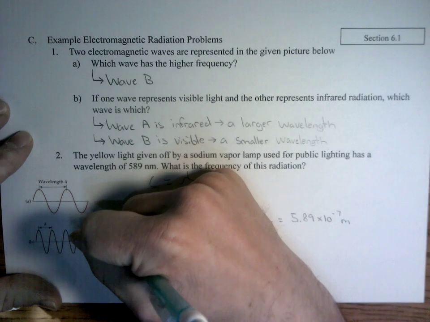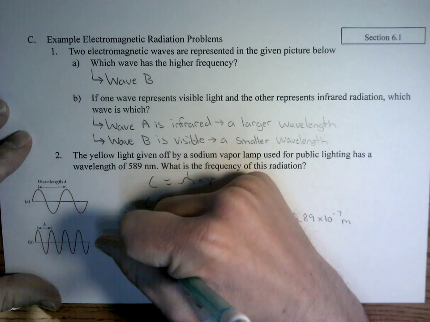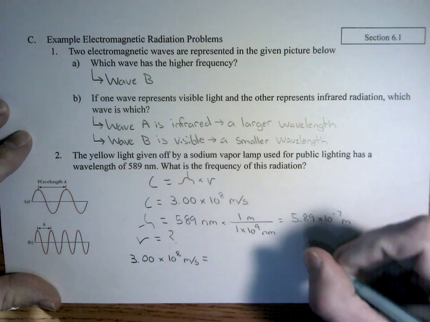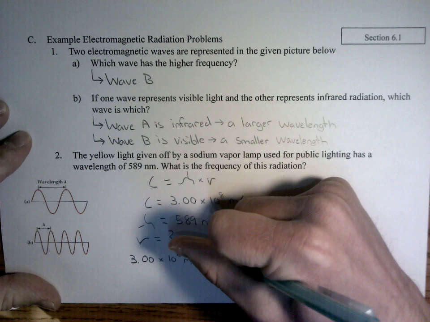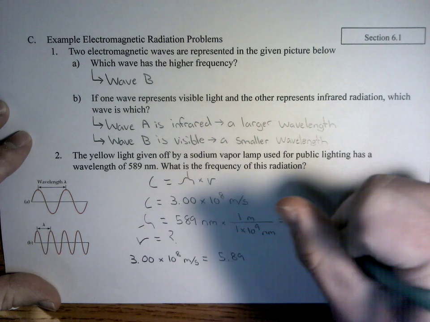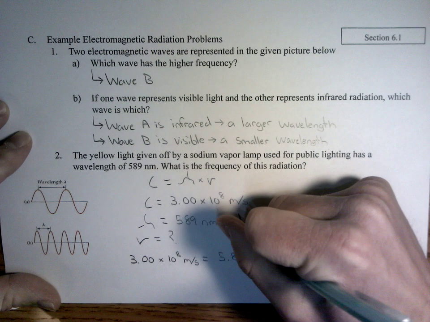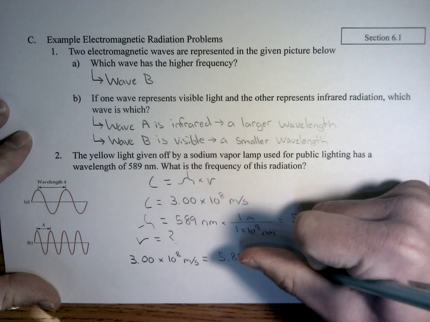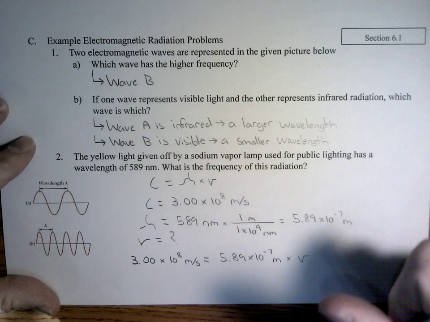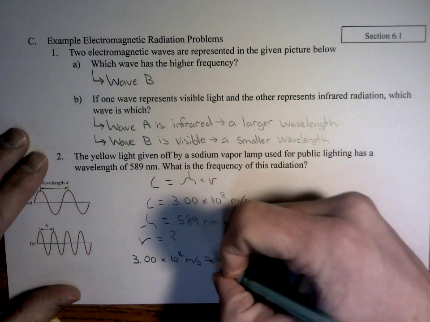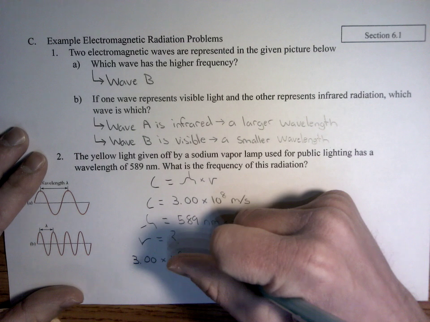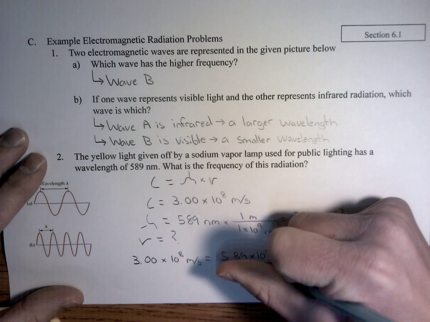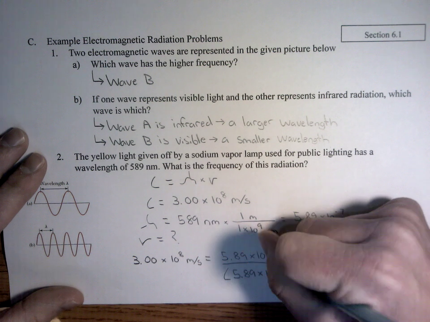So now that we have those values in the same unit, we can plug this back into our equation. And so we would set our speed of light equal to 5.89 times 10 to the negative 7th meters times our frequency. Okay, so we need to get frequency by itself. We divide each side by 5.89 times 10 to the negative 7th meters.